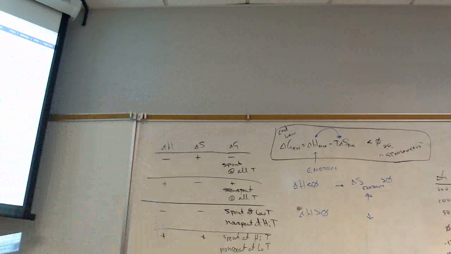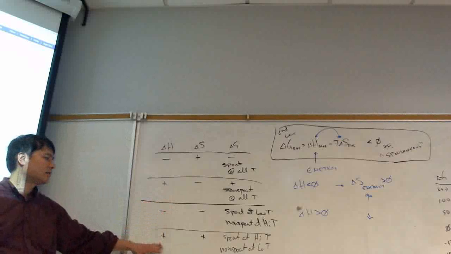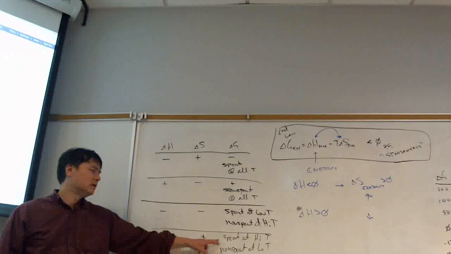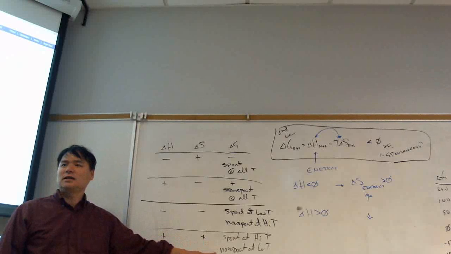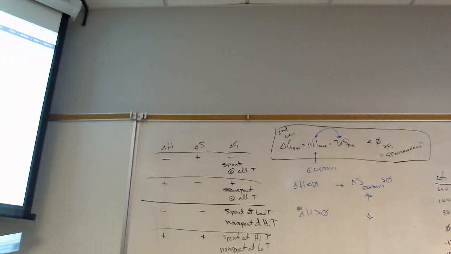Okay, nitrogen plus oxygen yields 2 NO. Delta H was positive. Delta S was positive. And so positive and positive says that this reaction should be spontaneous at high temperature, non-spontaneous at low. And so if we keep increasing the temperature, we should be able to make this reaction happen.